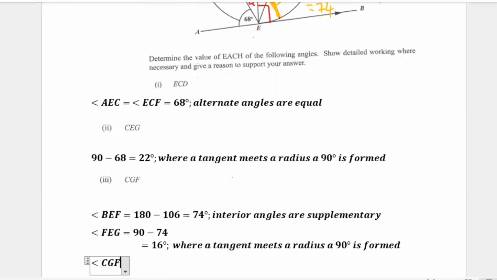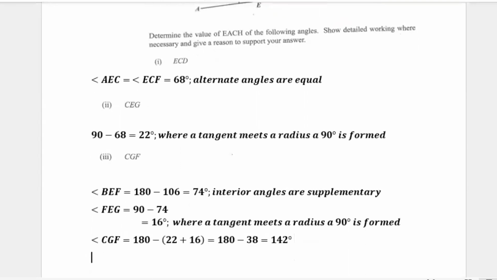Angle CGF is equal to 180 minus the 22 plus 16, which is equal to 180 minus 38, which we got to be 142 degrees.